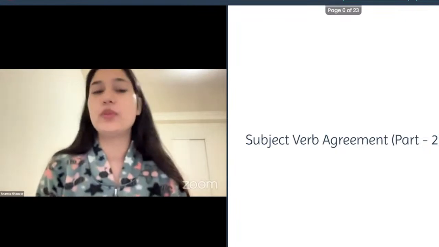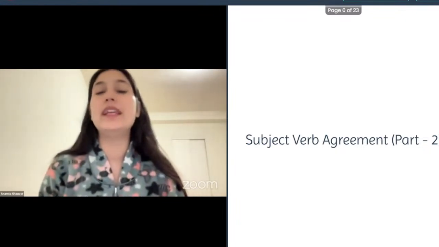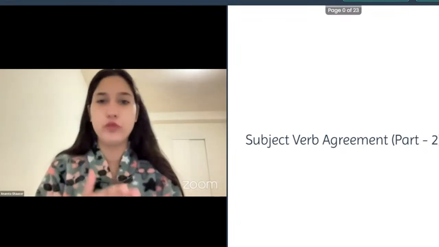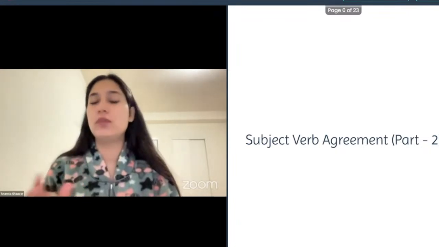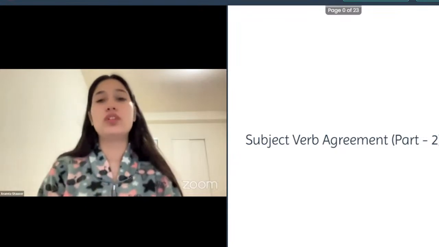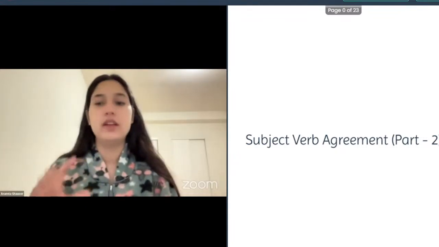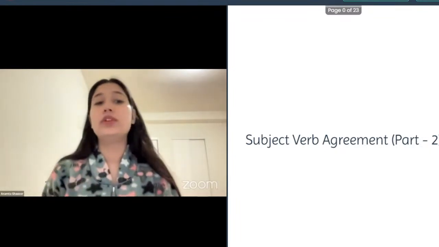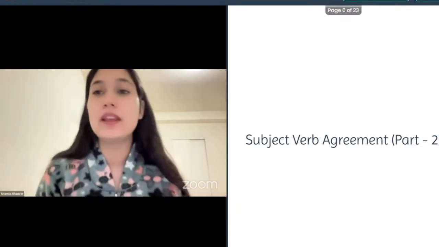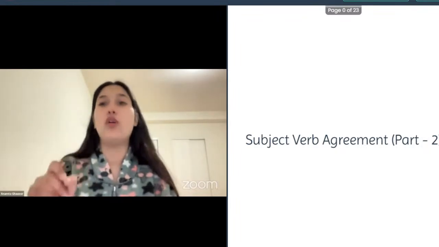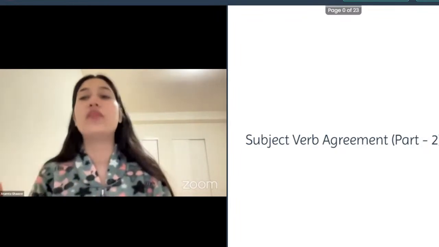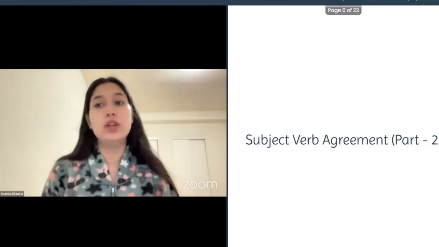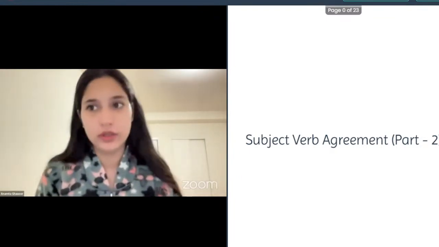So guys, very simple rule with words that indicate portions. Now we have portions in many things, like portion in food, portion in a country, portion in a city. Portion in Hindi means hissa. If you're talking about one portion of something, we are guided by the noun after of. If that noun is singular, then you will use a singular verb.